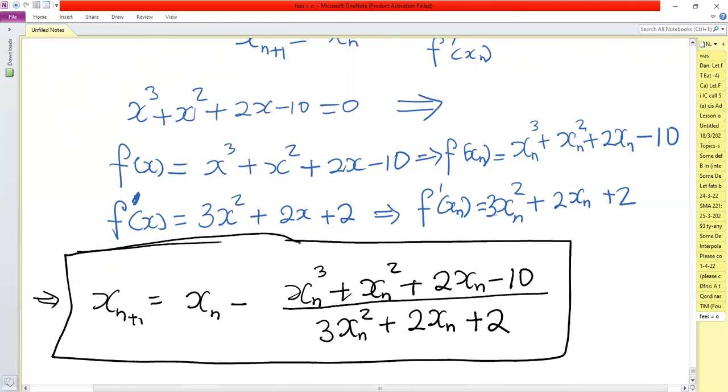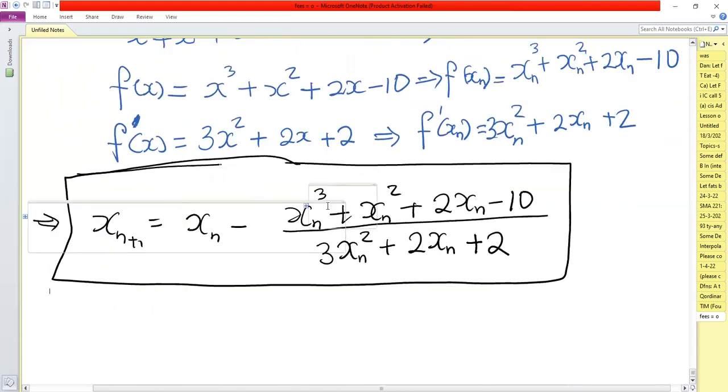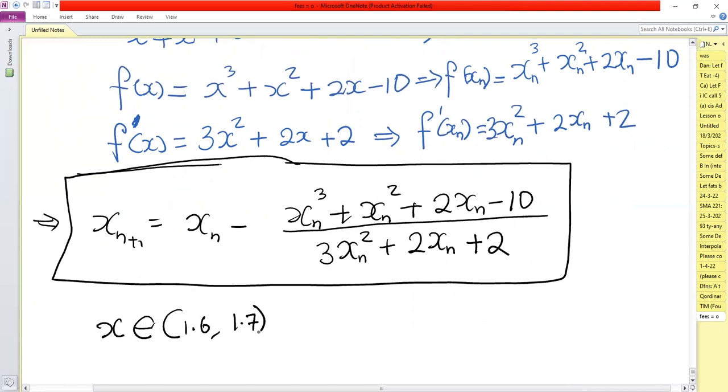So this is the formula that we are going to apply for this particular case. But then we have been told that the solution lies between 1.6 and 1.7.